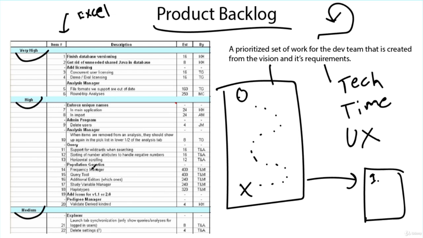Maybe after everything has been talked about in your sprint review and the stakeholders have gotten a hold of what you're creating, they're like, actually, we really want this other thing to go forward. So you look at your backlog and you're like, oh, okay, so we're going to move 10 up. We're going to take this and move it down. We're going to take the Explorer, move it into there, and you rearrange the entire thing so that the next sprint is more in tune with the current product backlog.